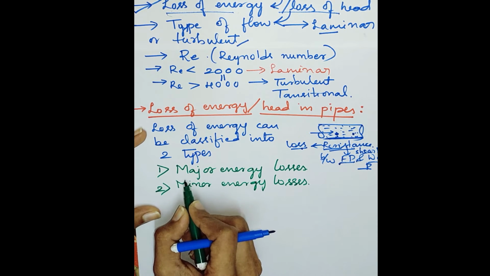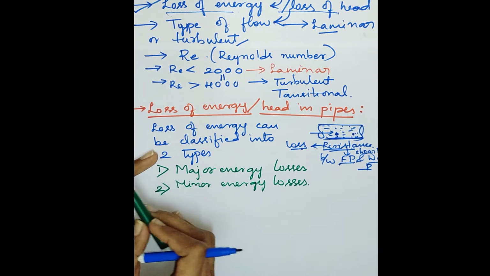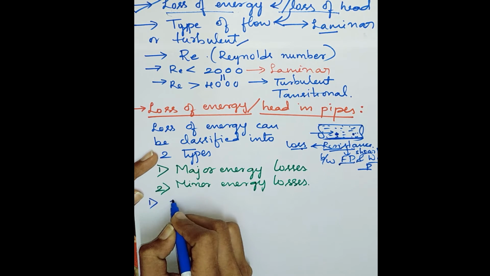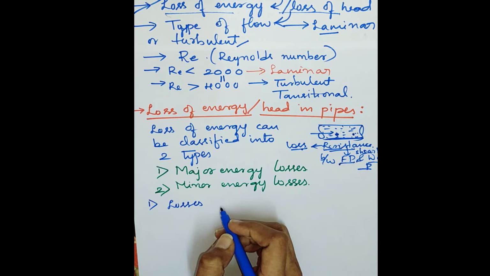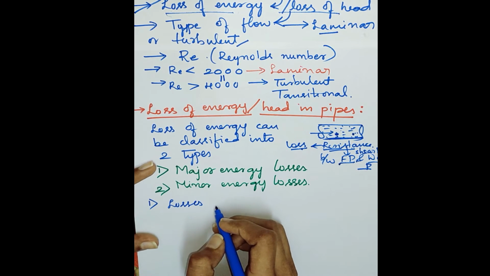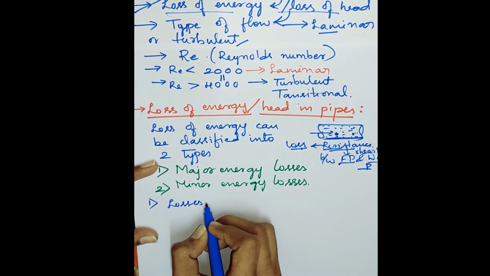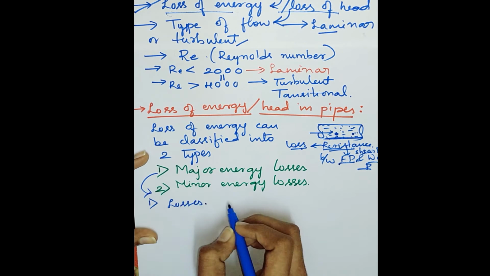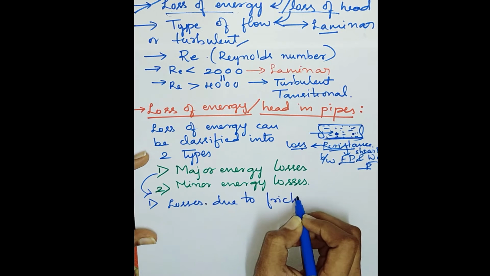See, what are these major energy losses and minor energy losses? Major energy losses are the losses which occur between the fluid particles and the sides of the pipe, due to friction.